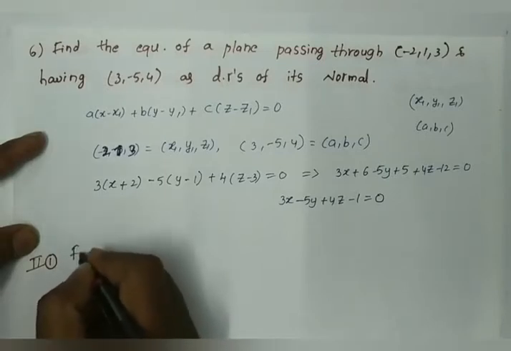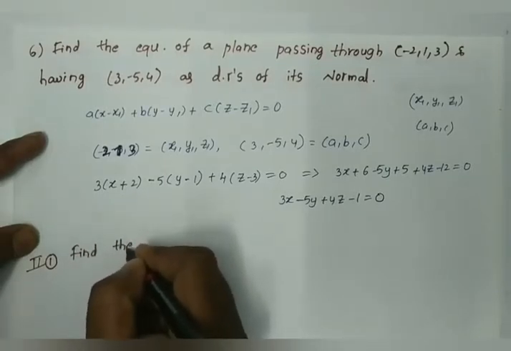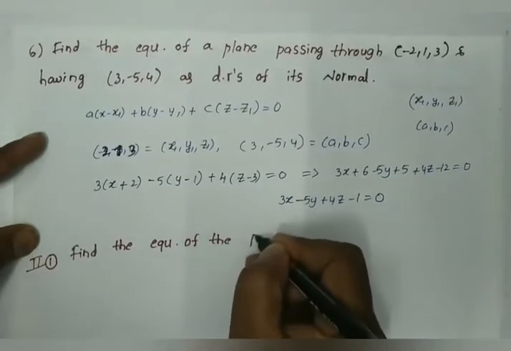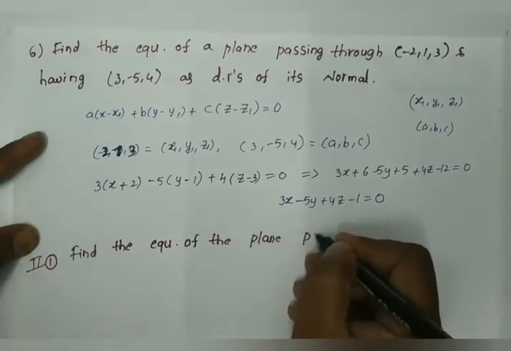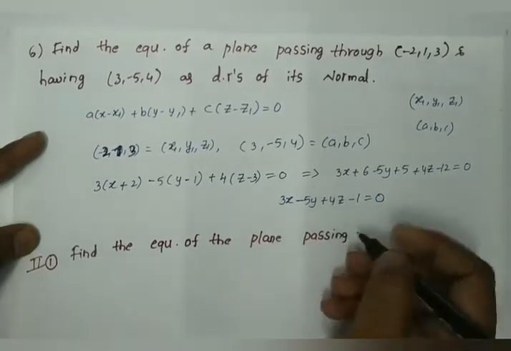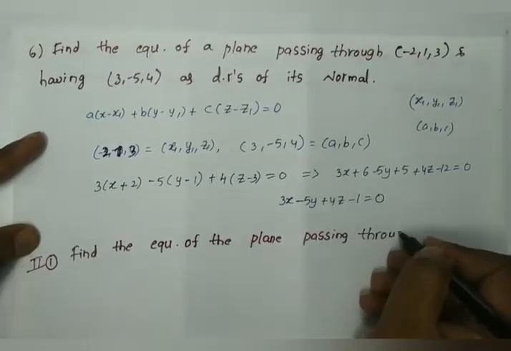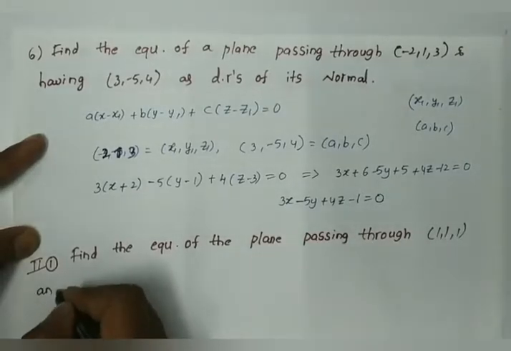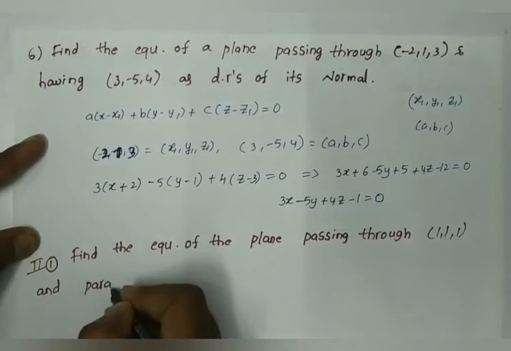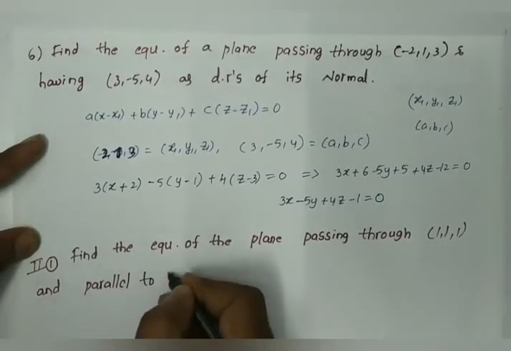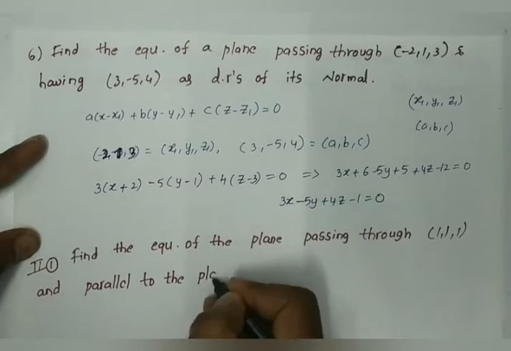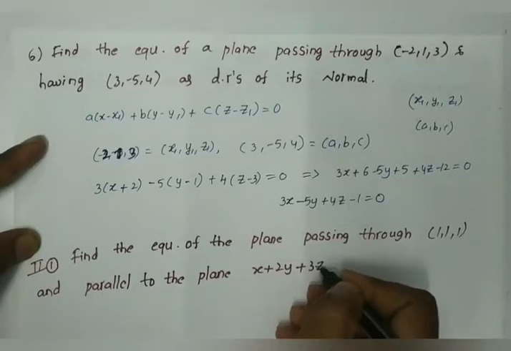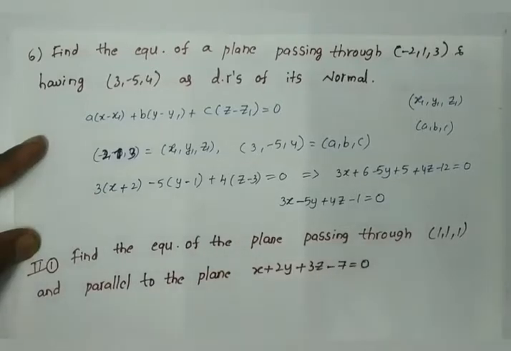Find the equation of the plane passing through the point 1, 1, 1 and parallel to the plane x plus 2y plus 3z minus 7 is equal to 0.